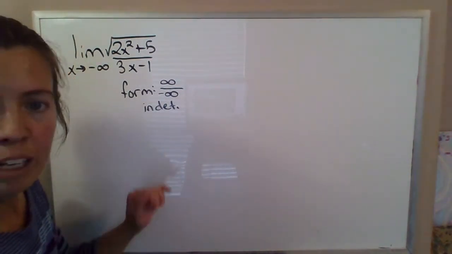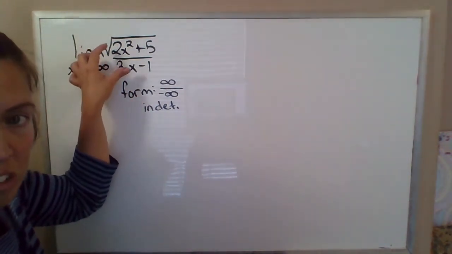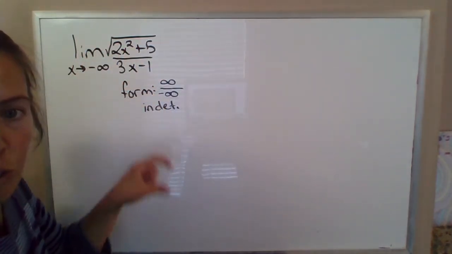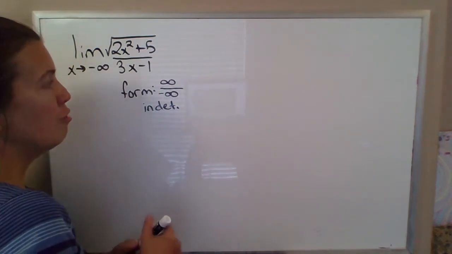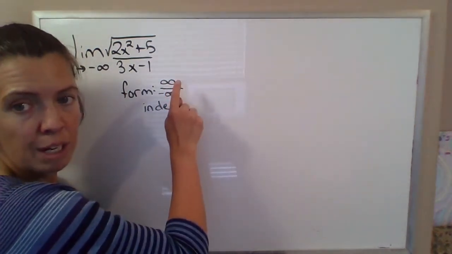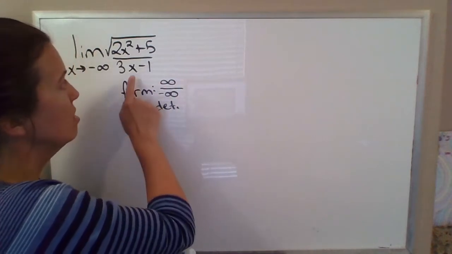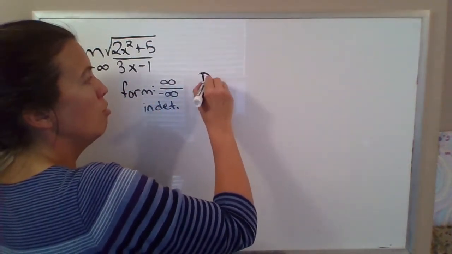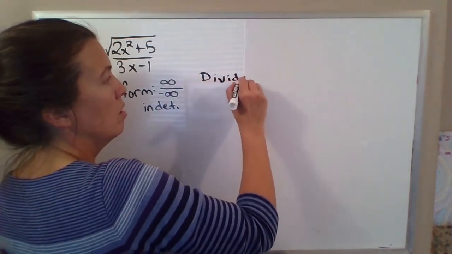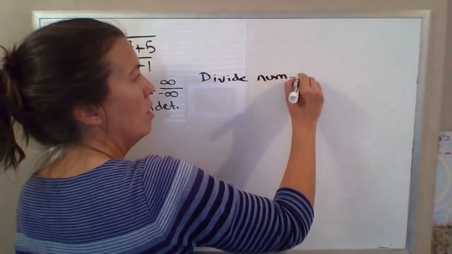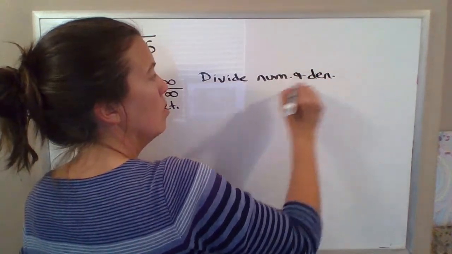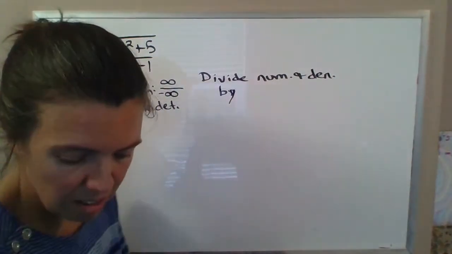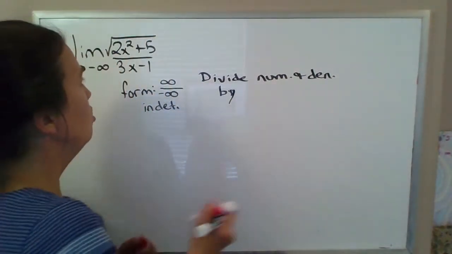Since this is not a rational function, because of the square root, our strategy for resolving this indeterminate form, infinity over infinity, is to divide the numerator and the denominator by the highest power of x in the denominator, which is x.